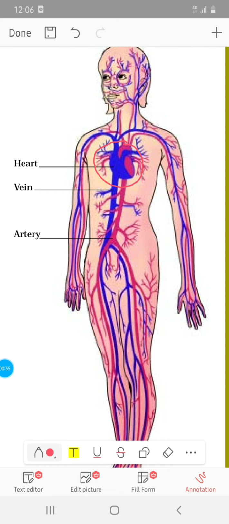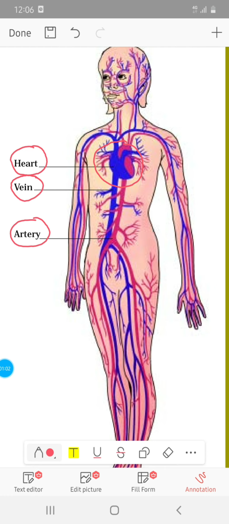Right? So the arteries, which you see colored with red, are called arteries. And the blood vessels colored with blue are called veins, right? And the heart, the pumping organ of the body, pumps out blood. When it pumps out, the blood flows through these blood vessels.